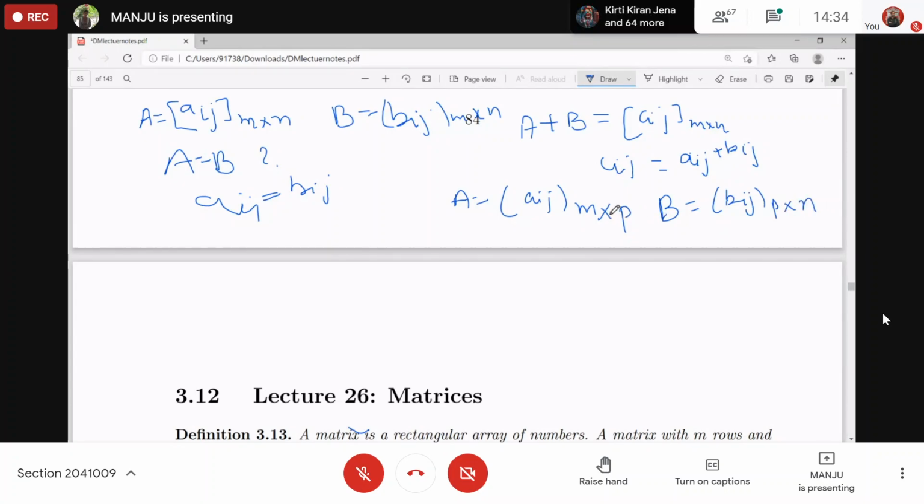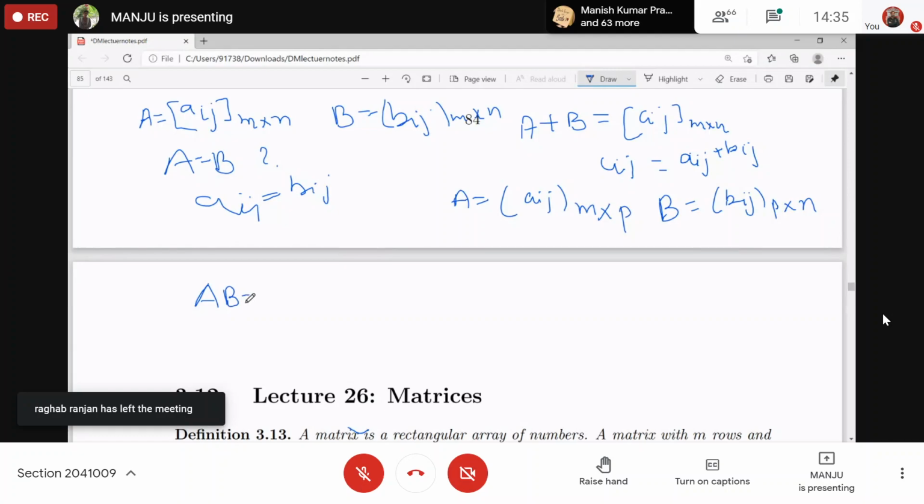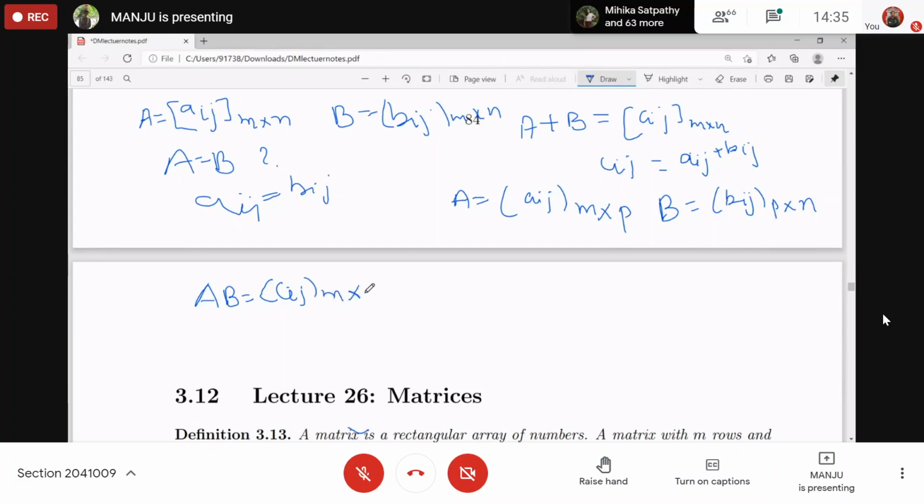The number of columns of A should be equal to the number of rows of B. Then these matrices are compatible for multiplication. Then we can find A into B, the product of A and B, which will have order m cross n. So what is this Cij element in general?